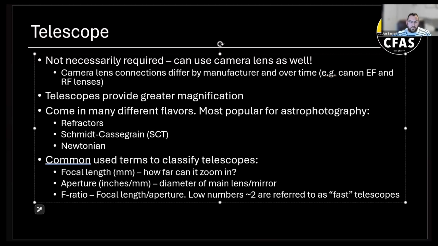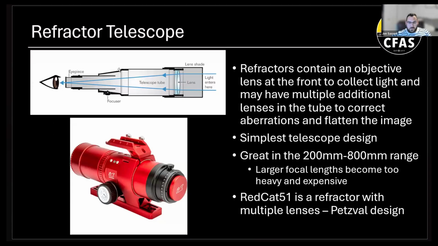So speaking of refractors, like I said before, they're the simplest type of telescope. They have an objective lens at the front where they collect the light and then focus it onto your eyepiece. More sophisticated and more expensive ones will have more lenses inside the telescope tube to correct for different chromatic aberrations, to flatten the image, and so on.